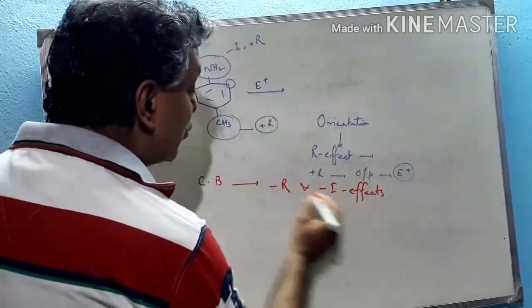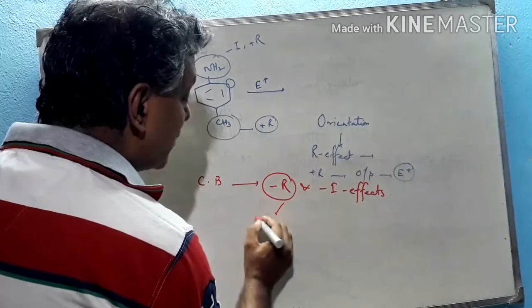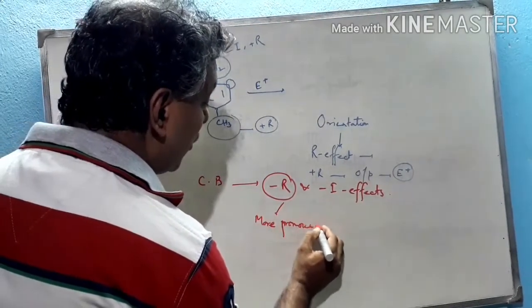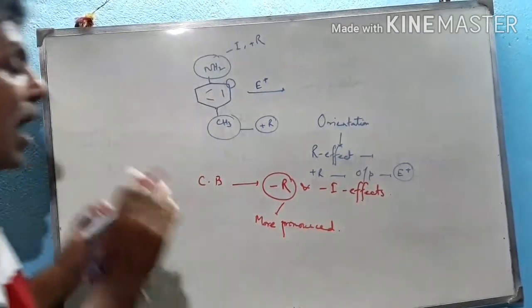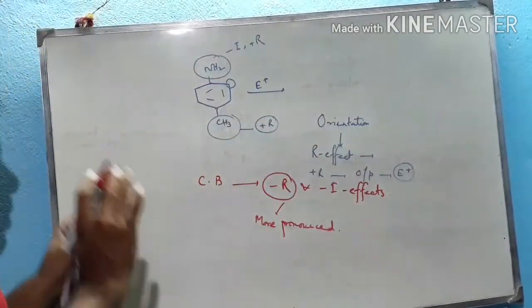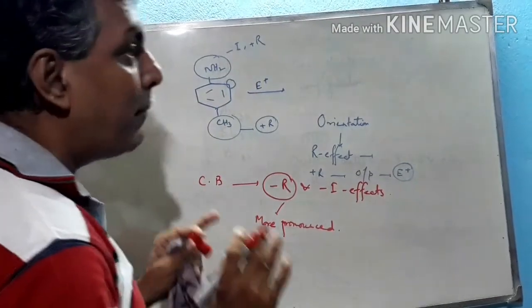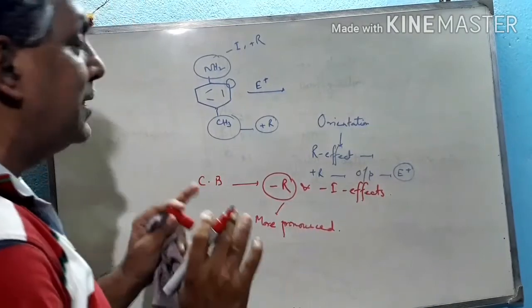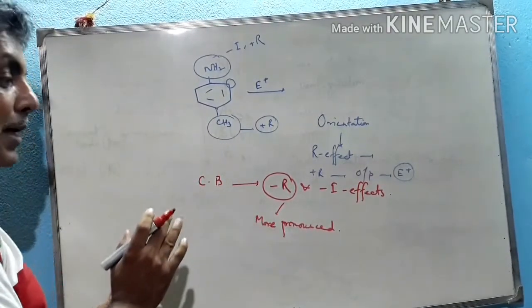And among these two, we know that minus R is more pronounced because through the R effect, it either withdraws or donates, either plus R or minus R, a pi bond occurs, and through the pi bond a maximum donation occurs to the benzene ring or withdrawal occurs through the benzene ring.